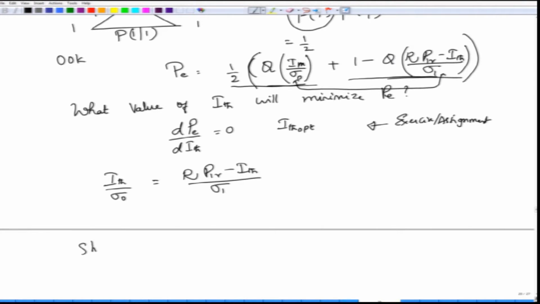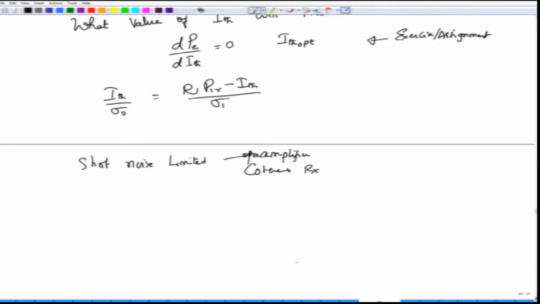When you are shot noise limited, you do not have thermal noise. When do you get shot noise limited? Well, when you have an amplifier in the loop, so you get a pre-amplifier in your circuit, or you are looking at the coherent receiver. When you have a coherent receiver, these are shot noise limited, for which case sigma 0 will be equal to sigma 1, and what will happen to ITH?